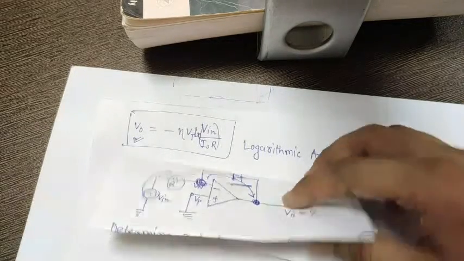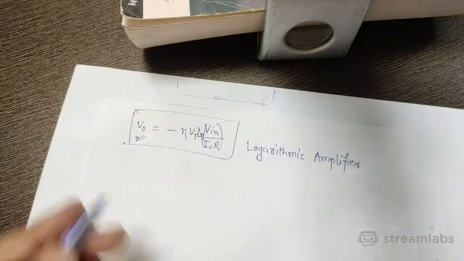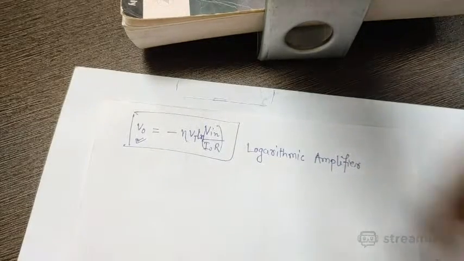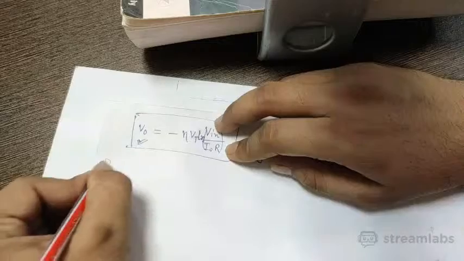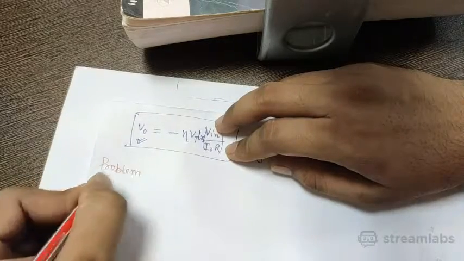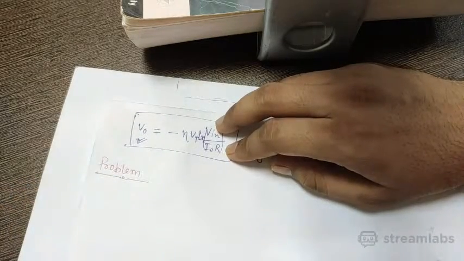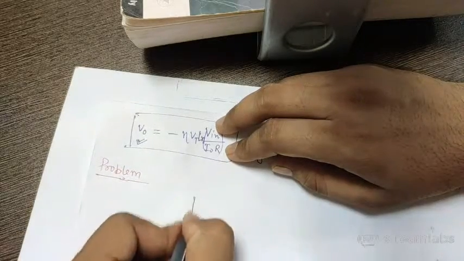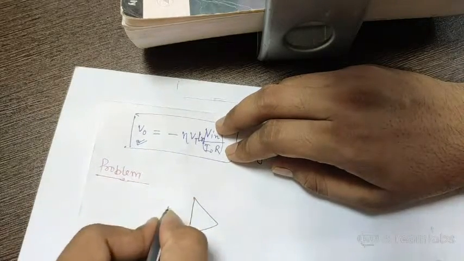to input. So in the next problem we have to change the position of the diode from feedback to input. This is the circuit.